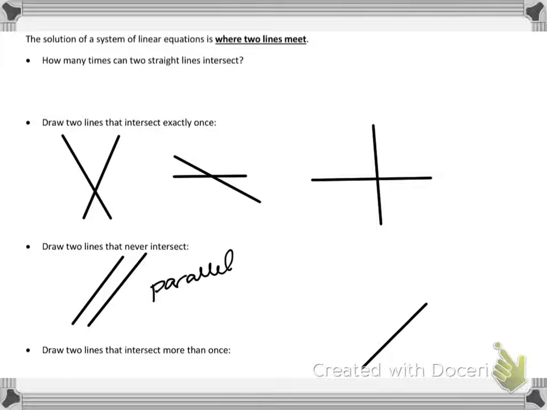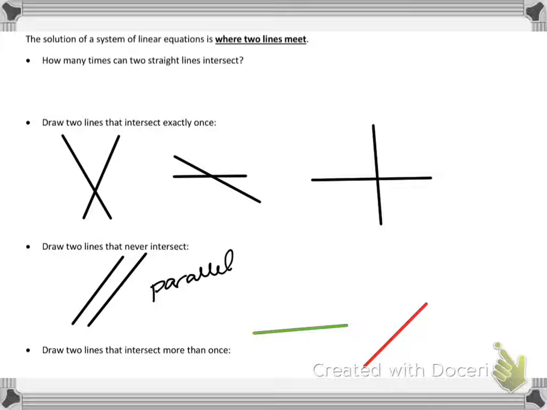Well, here's one line. What if I drew a second line completely on top of that first line? Again, I'll do it again. I draw one line, and then I draw a second line that completely overlaps the first line.